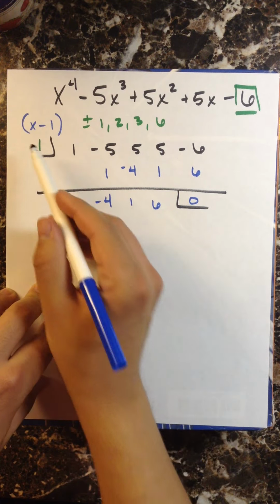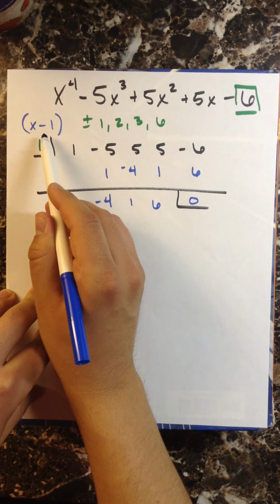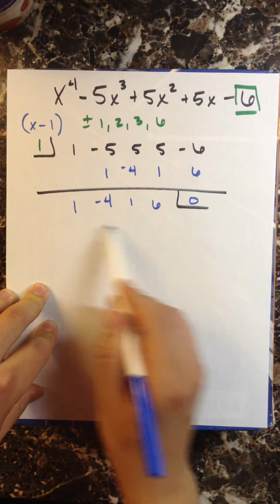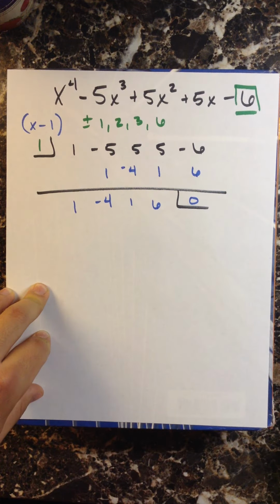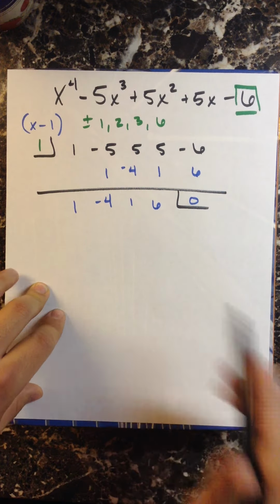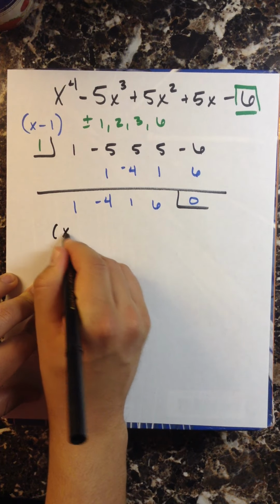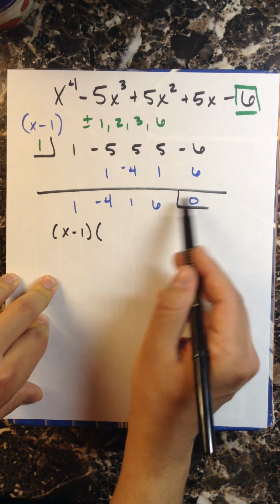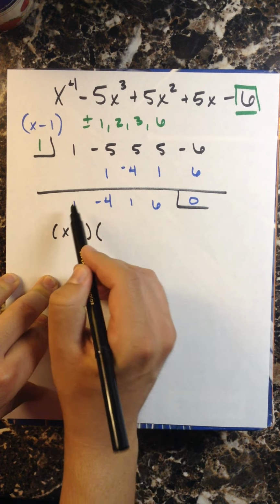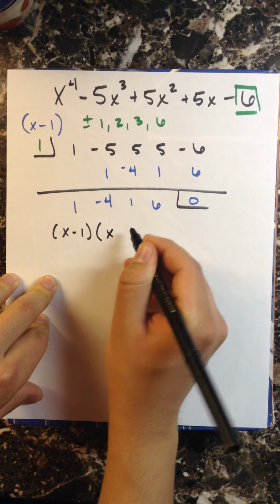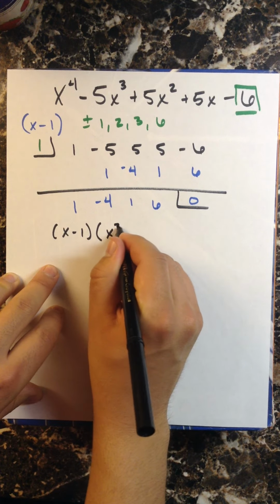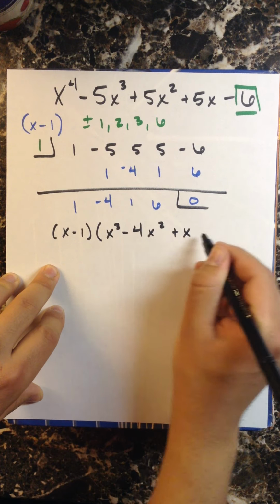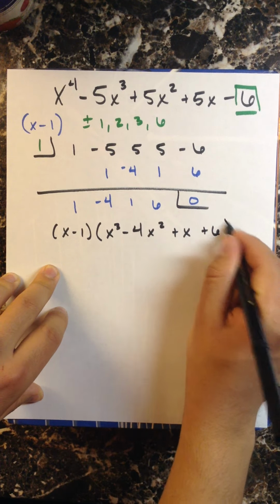So this tells us that x minus 1 is a factor, and this result when we divide that out is a factor as well once we translate it back into solid math. So we have x minus 1, and if we work backwards, our remainder, numbers, x's, x squareds, x cubes. So this is a cubic factor: x cubed minus 4x squared plus x plus 6.